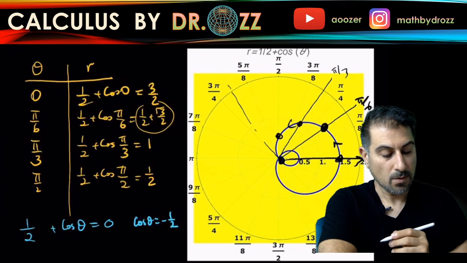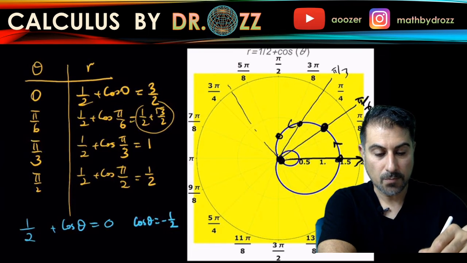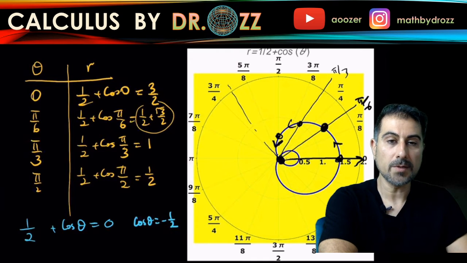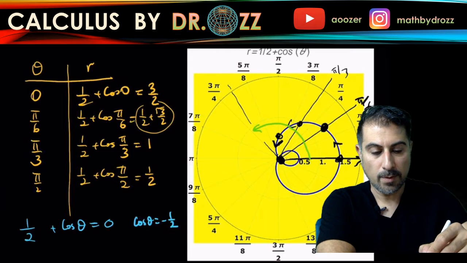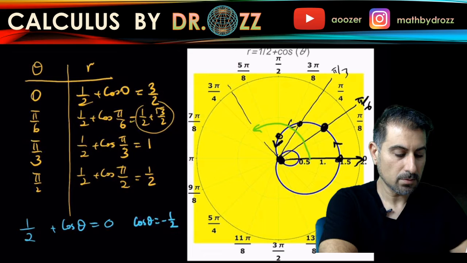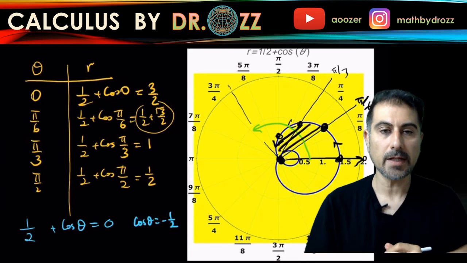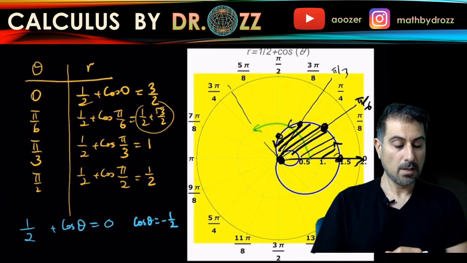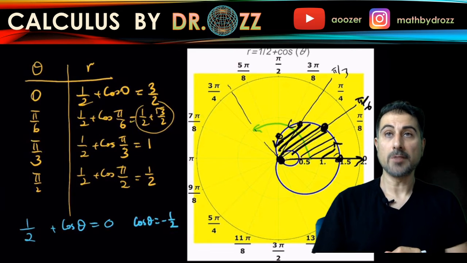Essentially, when you change theta all the way to 2 pi over 3, what I'm sweeping is this region. So the half of the outer loop is constructed by looking at the area of that shaded region.